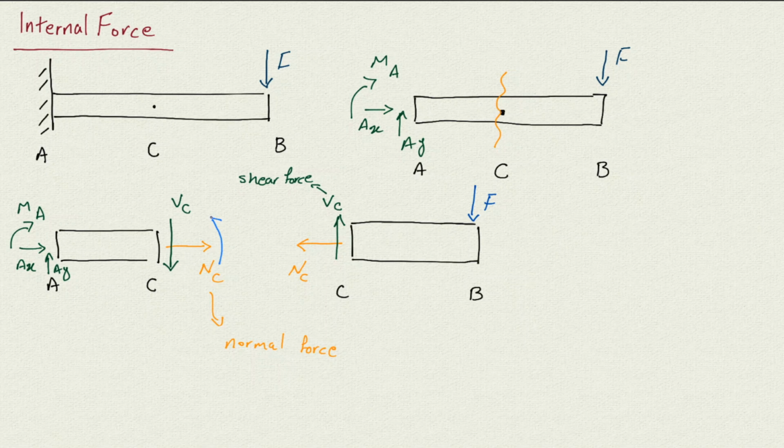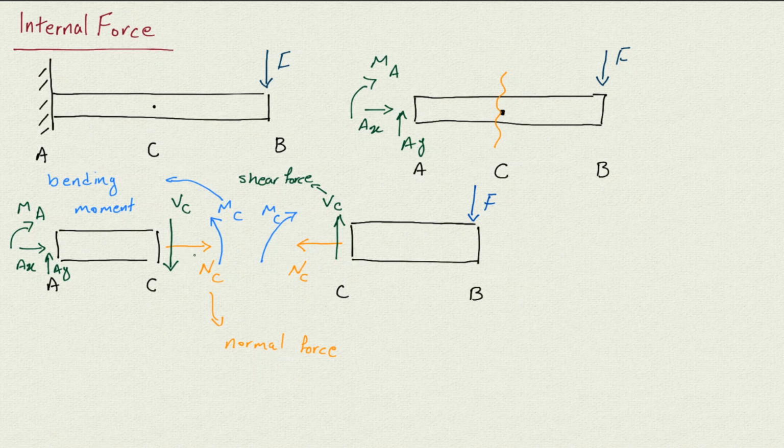So we have two moments here, and we call it MC, the moment at C. These are called bending moments, and what they tend to do is bend this beam, either upward or downward. It's like we have a ruler and we just bend that ruler. Those bending moments try to bend it either upward or downward.